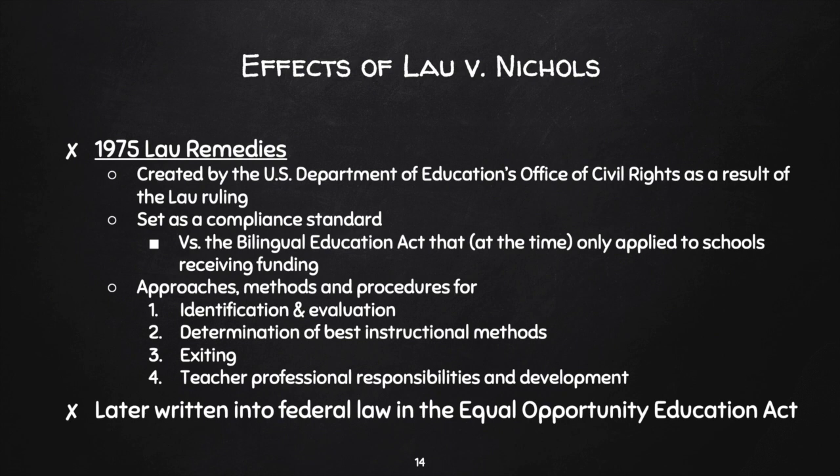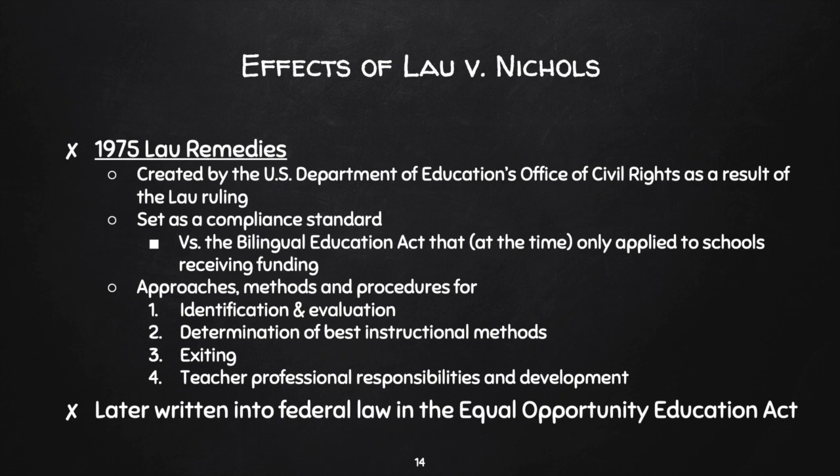The Lau remedies, on the other hand, were set as compliance standards. They said school districts have to do these things, have to utilize these approaches, methods, and procedures for working with English learners in these capacities.